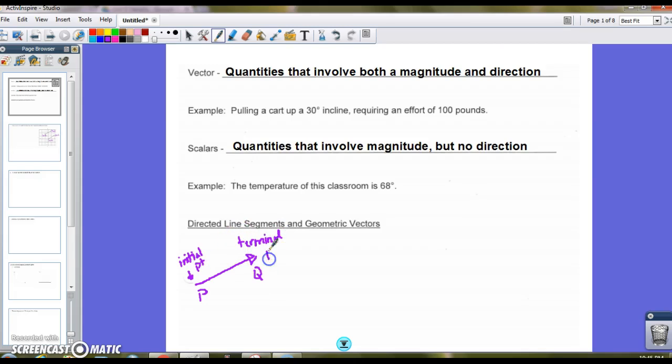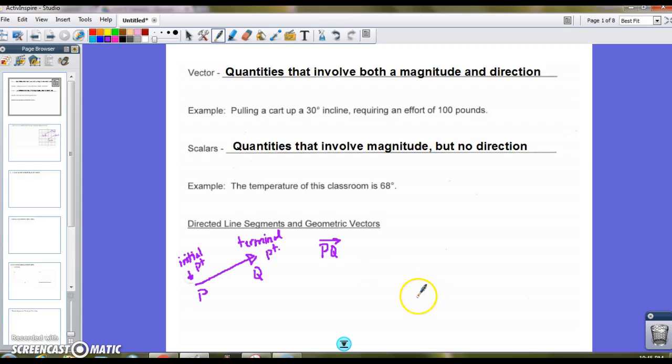And that tells you the direction that your line segment is going. When we write it to use for whatever purposes, the arrow above the letters follows the direction of the arrow in our drawing. So that's how you can tell the initial part of the line segment and the terminal part of the line segment.